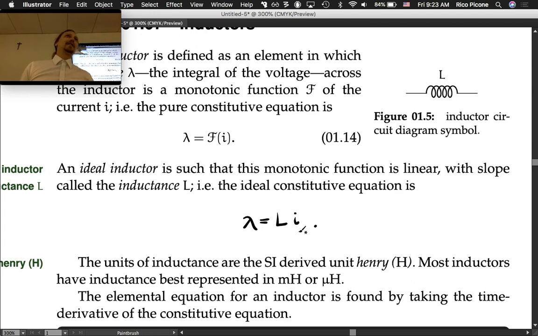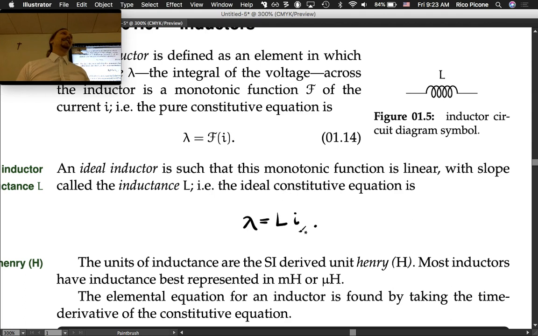That's the ideal case. It's just like when you guys were talking in dynamics, I guess, about springs, right? And they have Hooke's law. The force is proportional to the displacement from the equilibrium, the unstretched length for the spring. An ideal spring is just proportional, right?